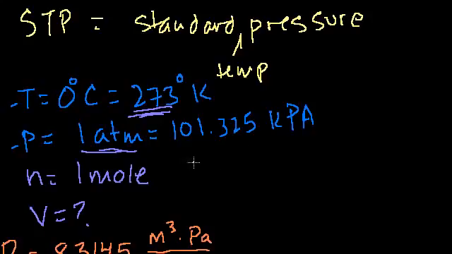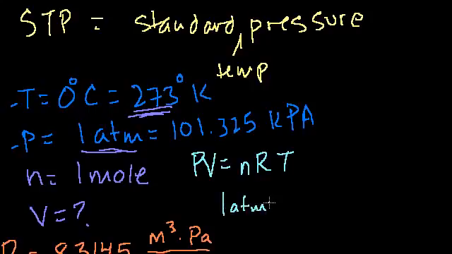So let's apply PV is equal to nRT. Pressure is 1 atmosphere, but remember we're dealing with atmospheres. 1 atmosphere times volume, that's what we're solving for, is equal to 1 mole of the gas, times R, times temperature, 273.